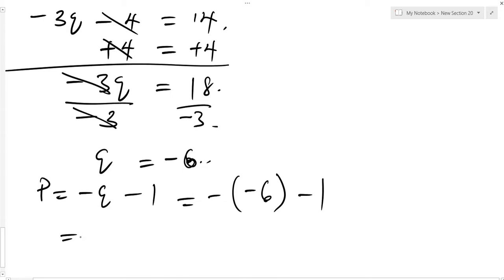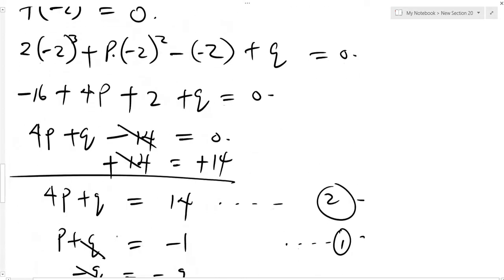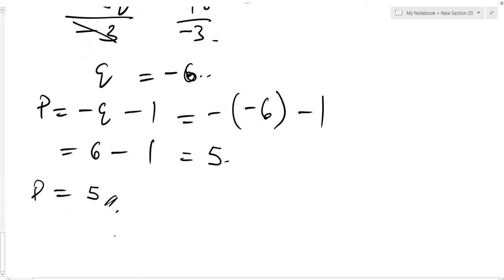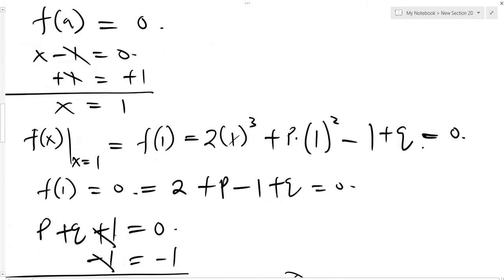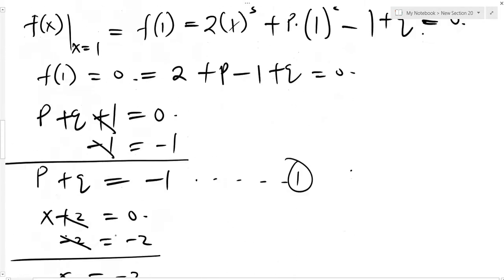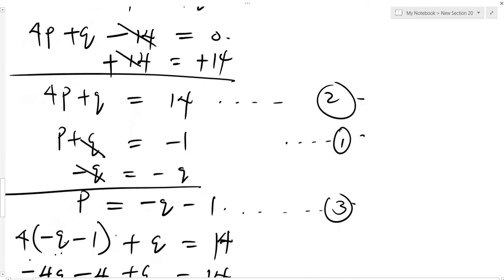Minus times minus 6 will give you 6, minus 1, which is 5. That means our p is equal to 5. So this is the final answer. p is equal to 5, q is equal to minus 6.